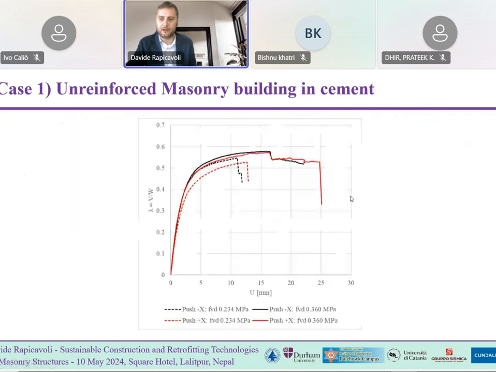In terms of pushover curve, we can also see that we have more ductility when the shear strength is higher with respect to the case in which we have a lower value of the shear strength.